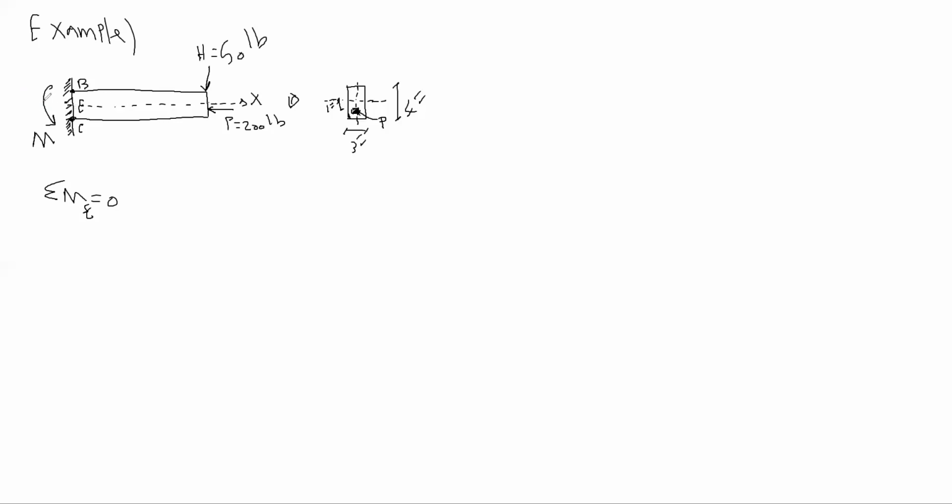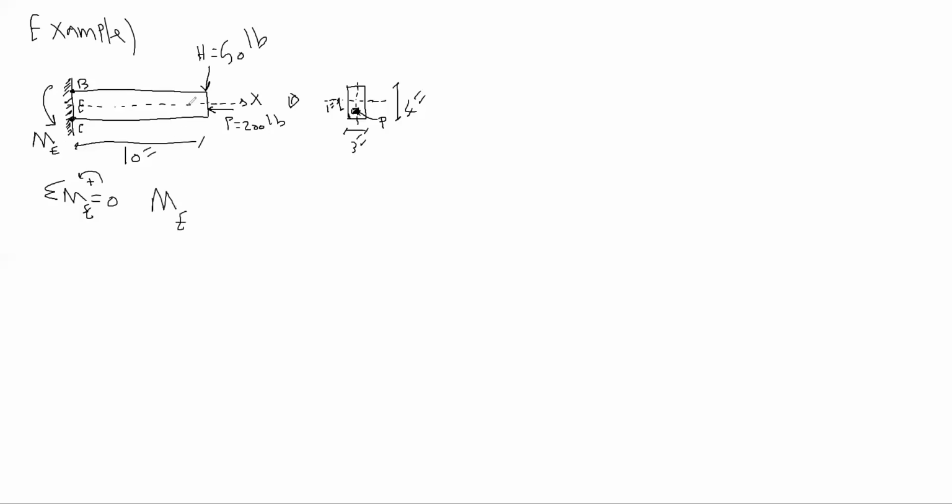I want to find this moment. How many loads do we have? 2 loads, right? The length of the beam is 10 inch, and this direction is positive. This is ME, right?